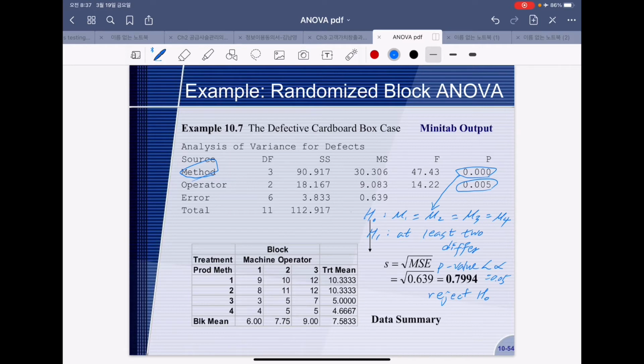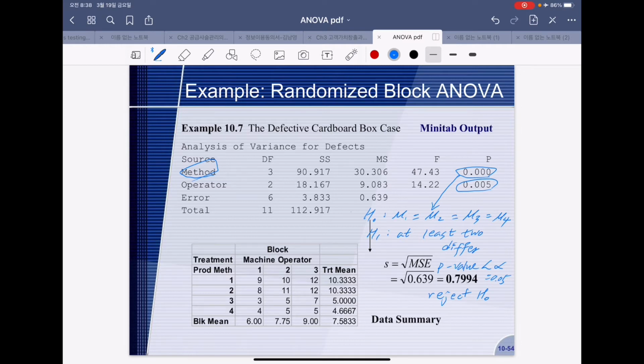That means there are some differences among these means, so you need to go through the post hoc analysis. Remember that when we did the SPSS practice for the one-way ANOVA, we went through the post hoc analysis for pairwise comparison. We'll go through this stuff again.